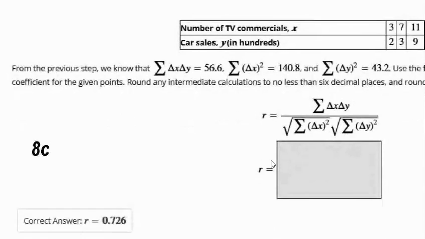And then finally, to find out what the R value is, you're going to have to take these values from above, take the sum of this, divide it by, and again, you're going to have to be able to use your calculator well, the square root of the sum of this times the sum of this.